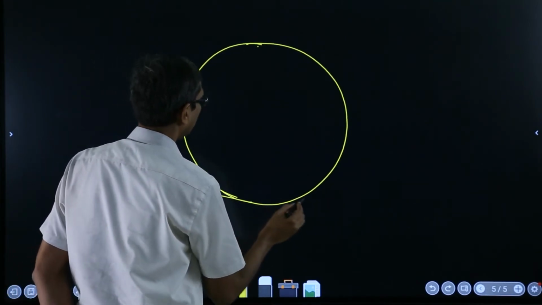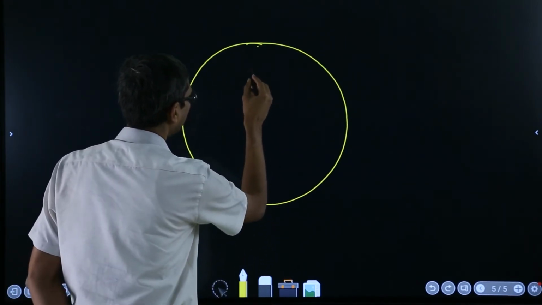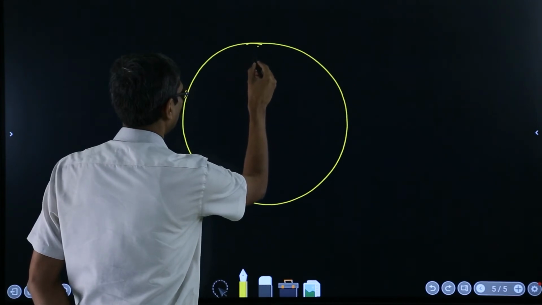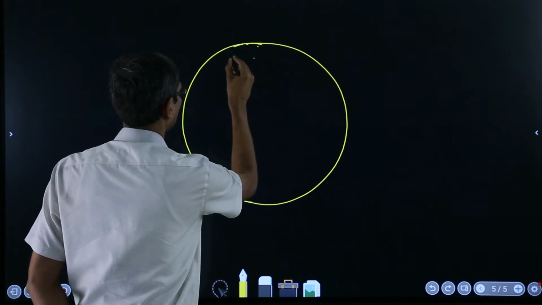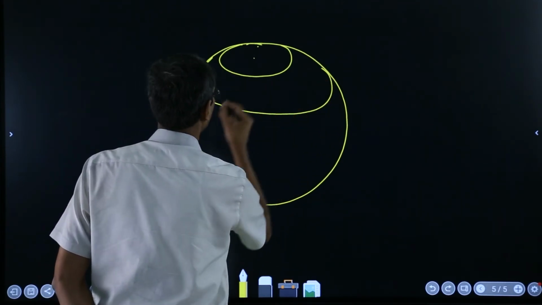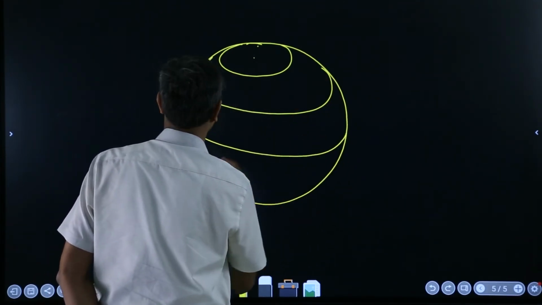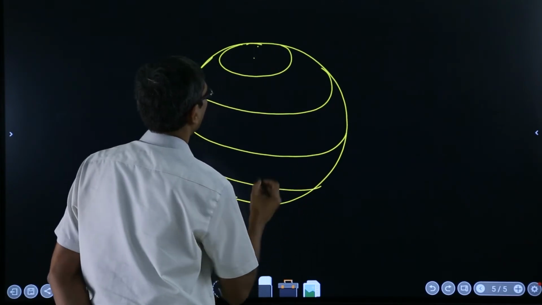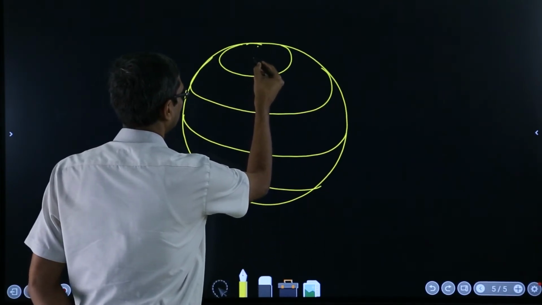Suppose this is a big sphere, and let me draw some circles like that.